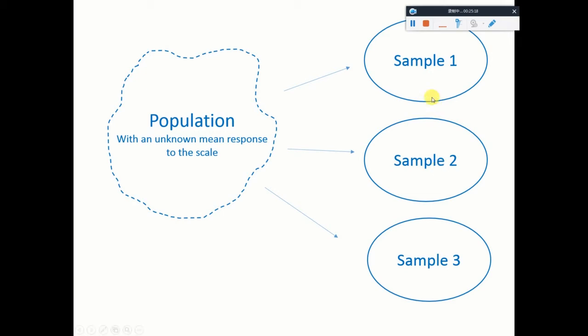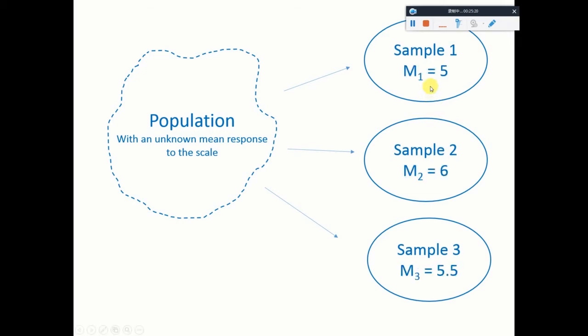So very quickly you calculate the mean response from the first sample of 100 people is 5. The mean for the second sample is 6, and the mean for the third sample is 5.5.